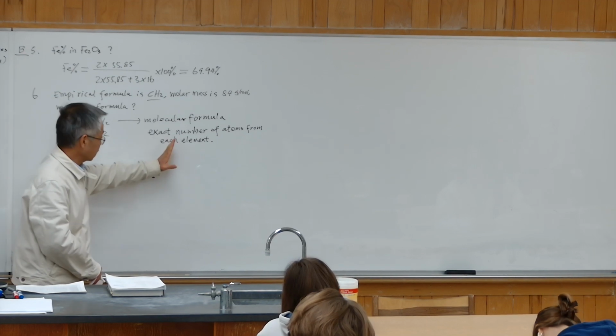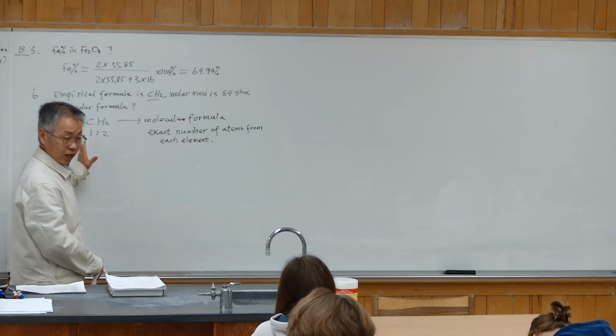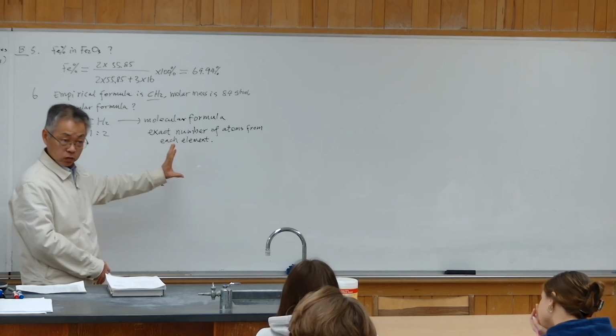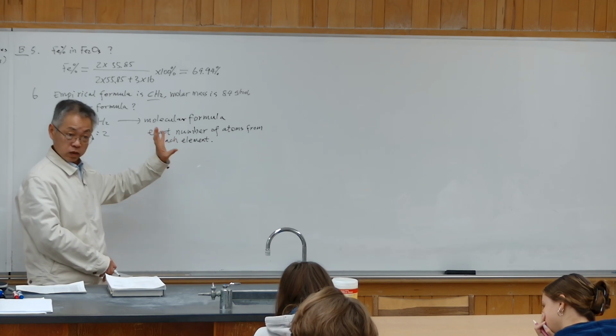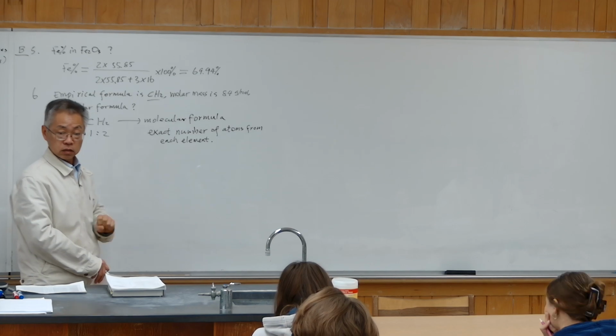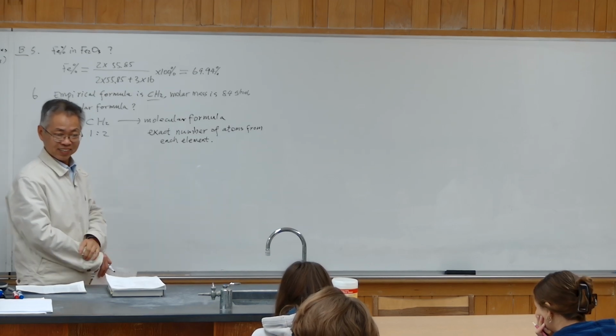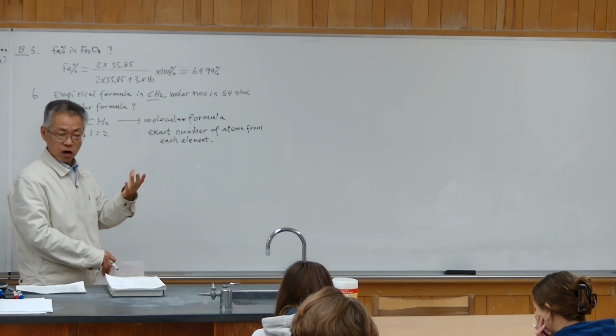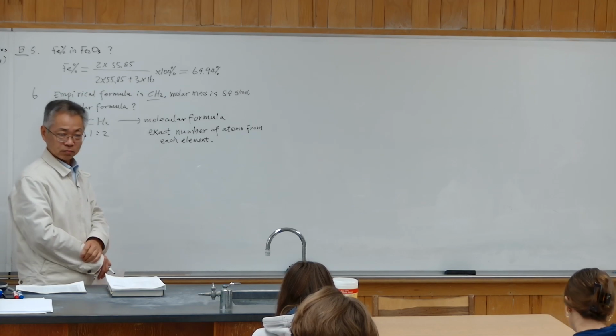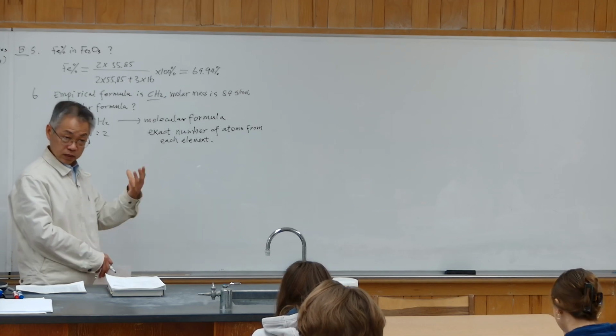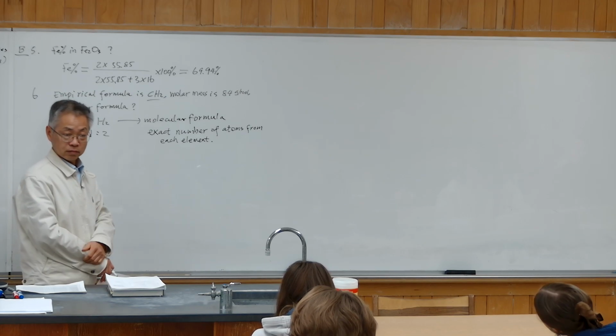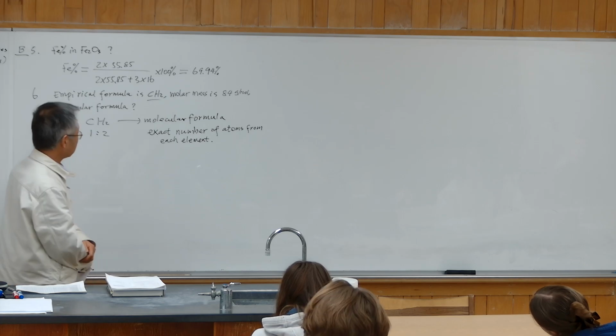Going from molecular formula to empirical formula, you divide everything by the maximum whole number, the common factor. So our job is to find that number. How to find that number?